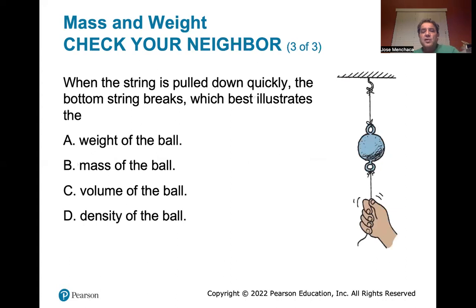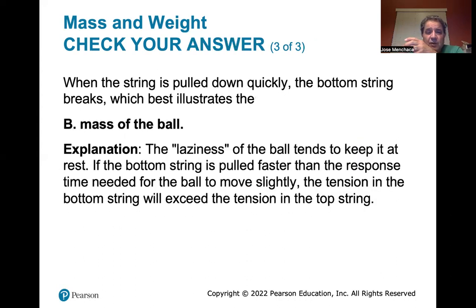Now, when you pull the string down quickly, the bottom string breaks, which best illustrates the weight of the ball, the mass of the ball, the volume of the ball, or the density of the ball. Well, it's B. It's inertia. When you pull quickly, the inertia of the ball, its tendency is to stay at rest, so the bottom string breaks.